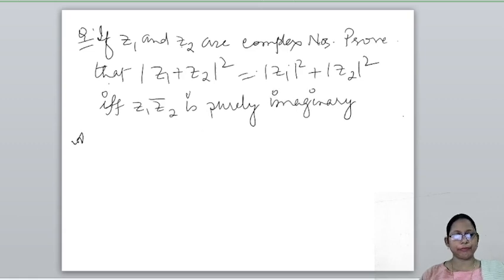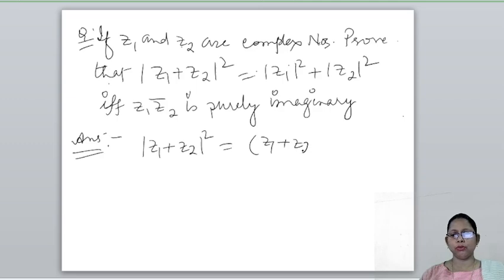Answer. First, take the left hand side. We are going to show that it is equal to the right hand side. That is modulus of Z1 plus Z2 square is equal to, by definition of modulus, Z1 plus Z2 times Z1 conjugate plus Z2 conjugate.